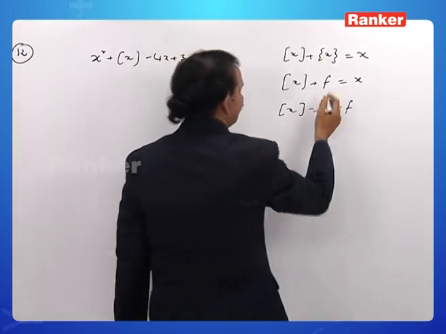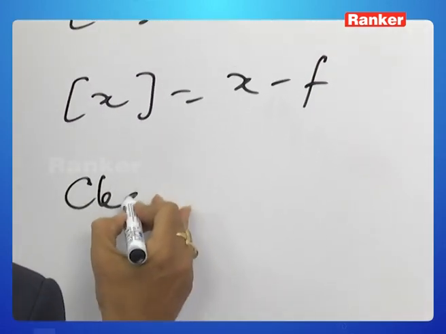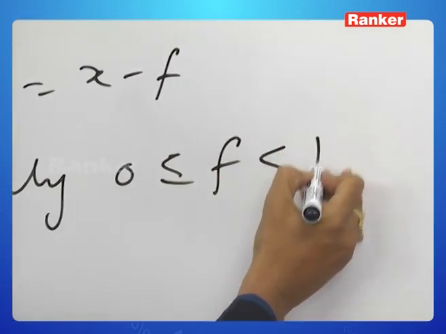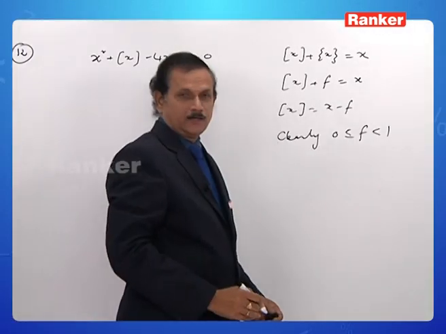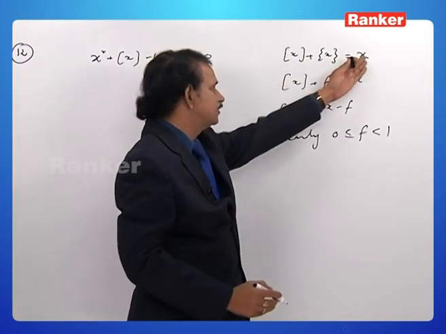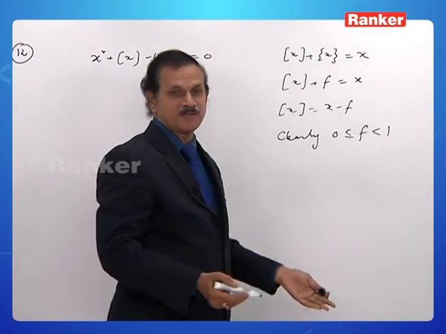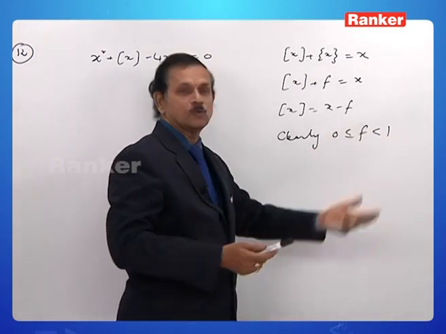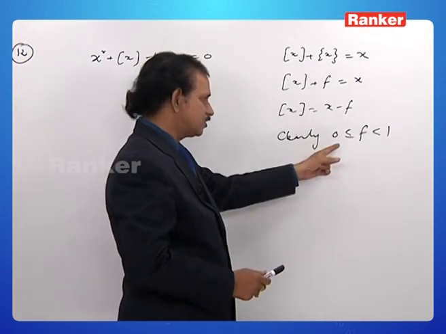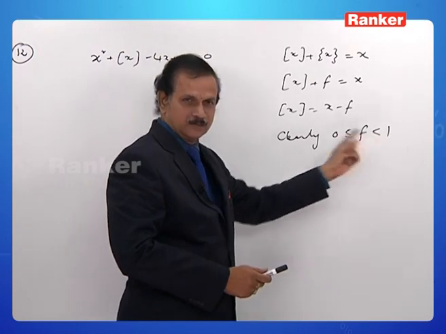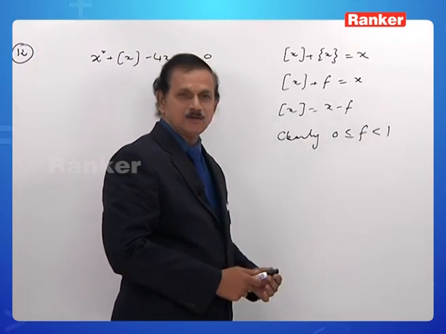As this is the fractional part, clearly 0 is less than or equal to f is less than 1. If x becomes an integer, then integral part of x is equal to x, and the fractional part becomes 0. Otherwise, it lies between 0 and 1. Therefore, the fractional part of any real number lies between 0 and 1: 0 less than or equal to f less than 1.